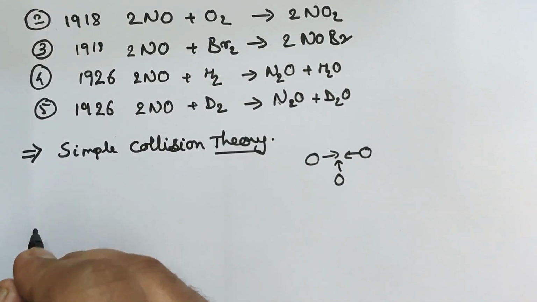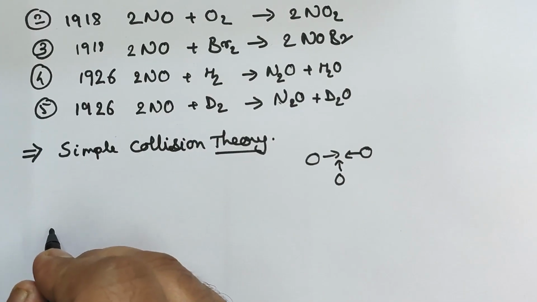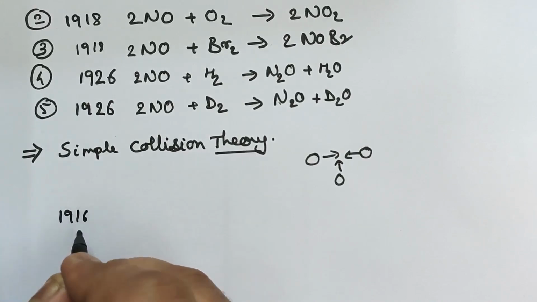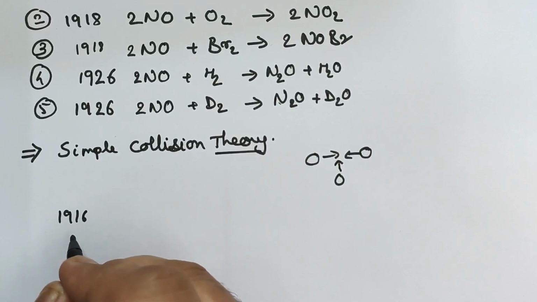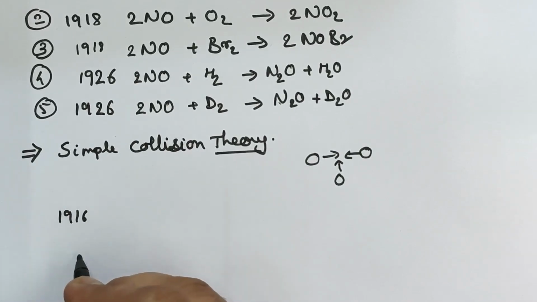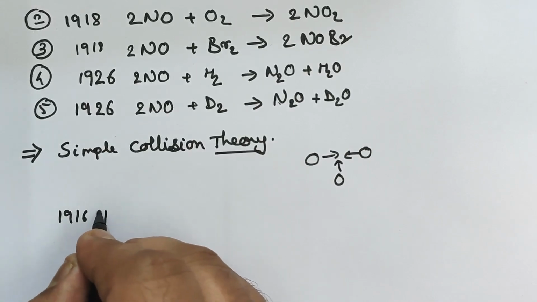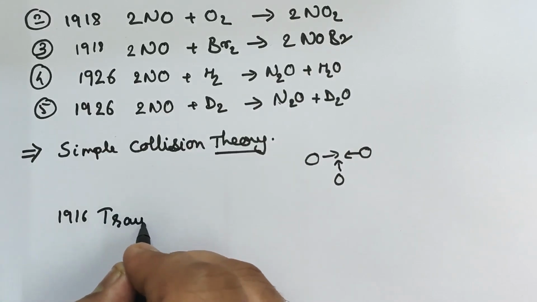After simple collision theory, in 1916 Trautz suggested that trimolecular reactions take place in two stages. So he gave his own theory, Trautz's theory.